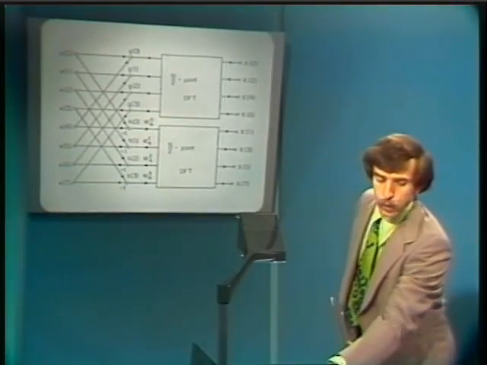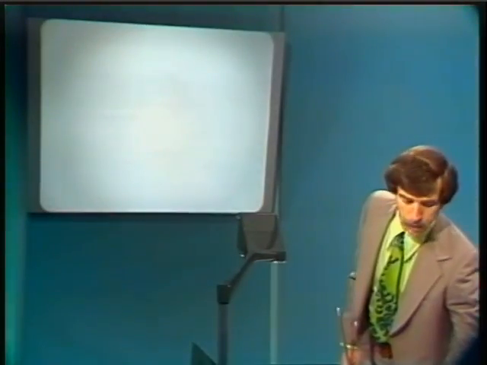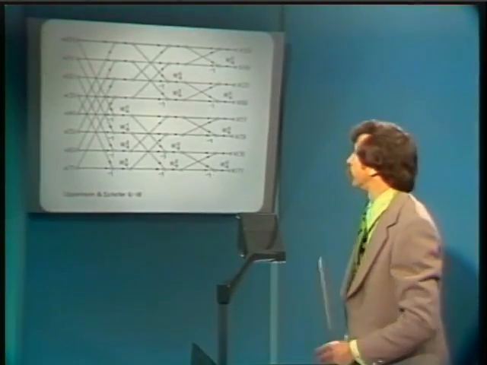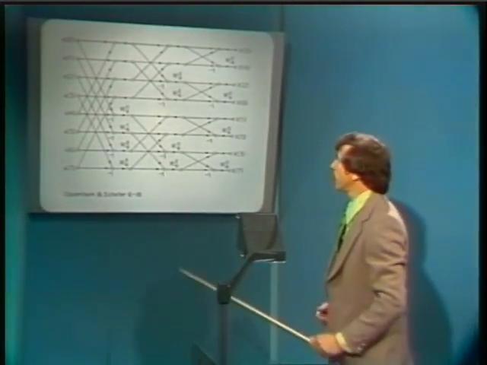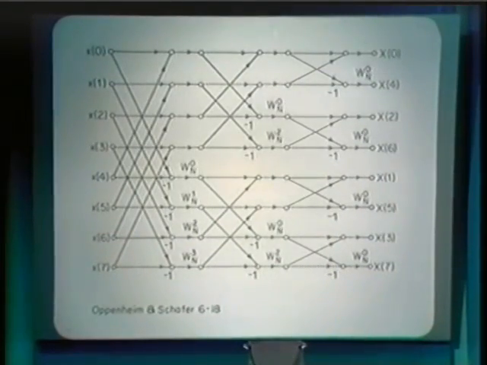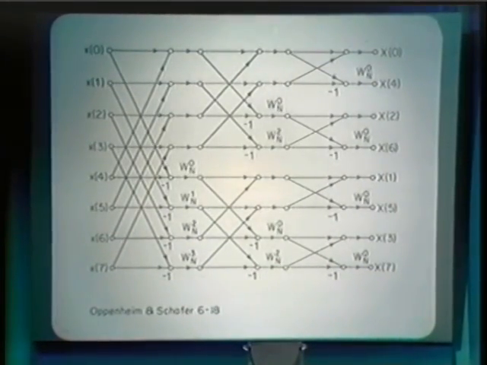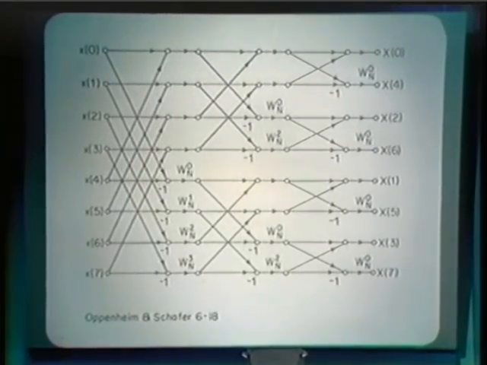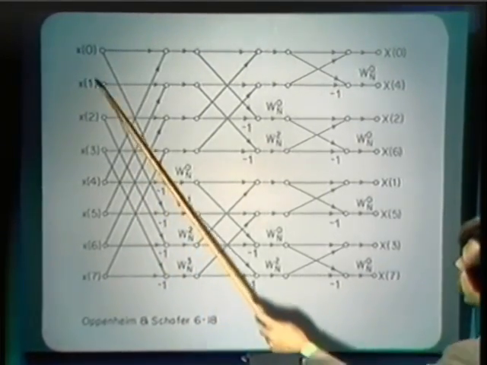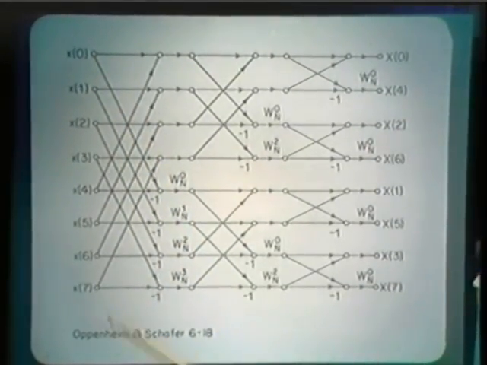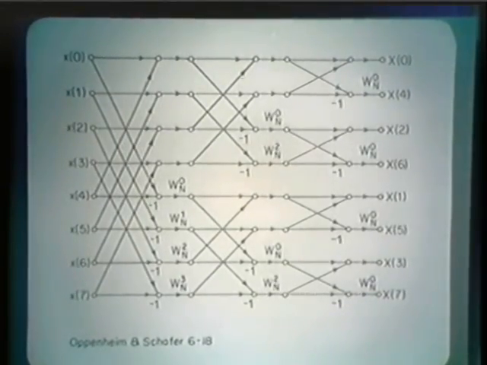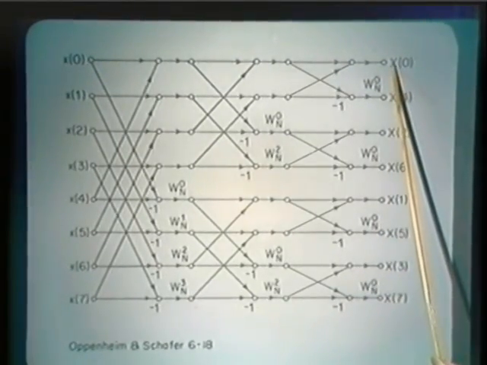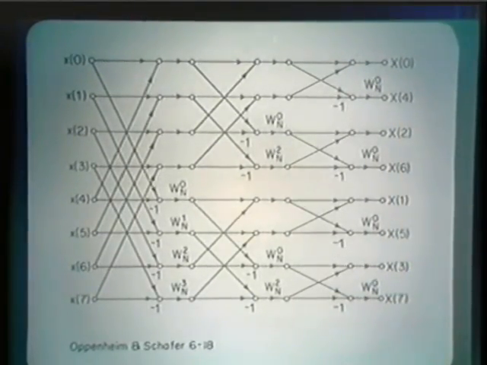And the flow graph that resulted from this procedure was, as I've shown here, one form of the decimation-in-frequency form of the fast Fourier transform algorithm. It begins with the data sorted in normal order and proceeds to the data sorted in bit-reversed order.